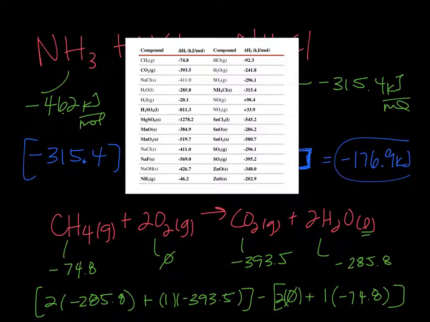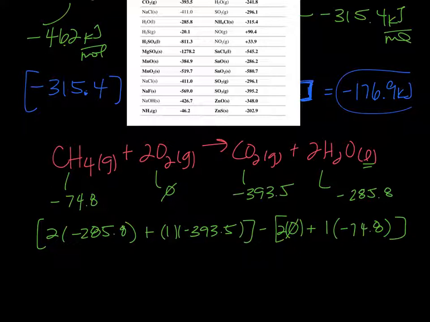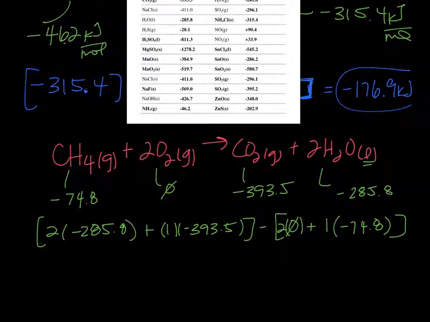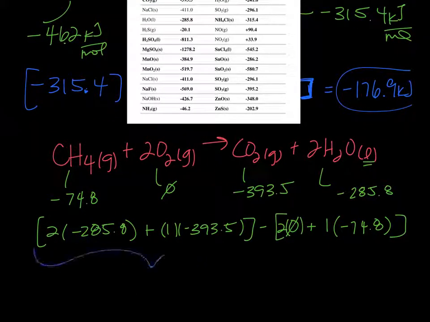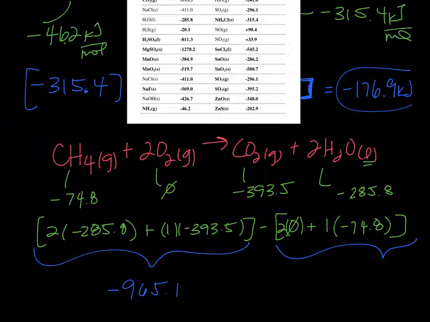And really the best way to do this for you guys is to find this, and then subtract the 2. All right, so for this first one I get negative 965.1. And then for this one I'll have negative 74.8.